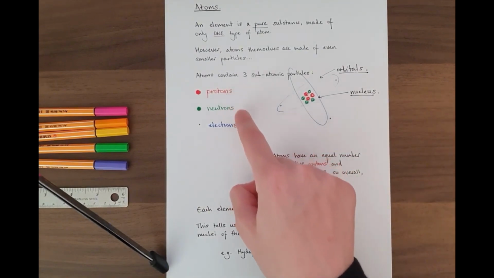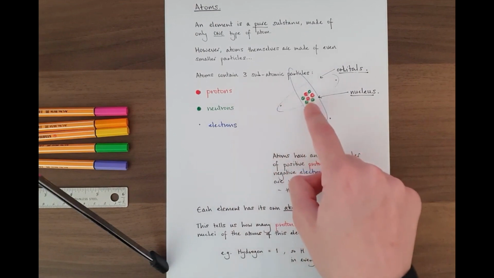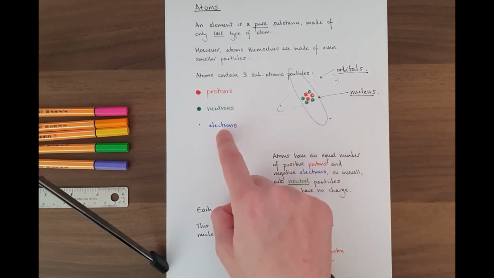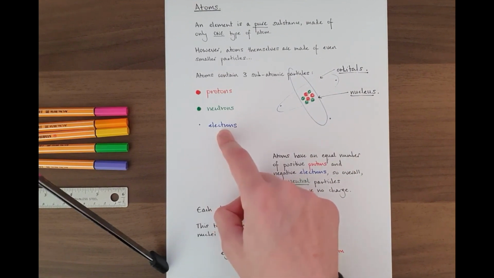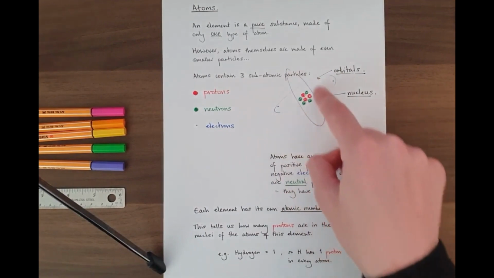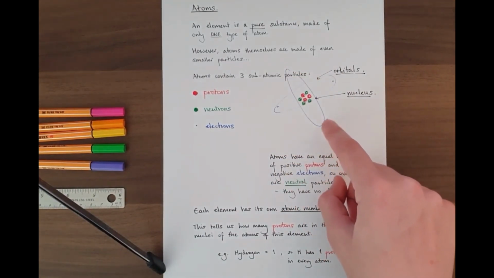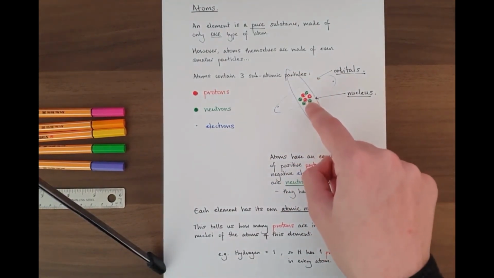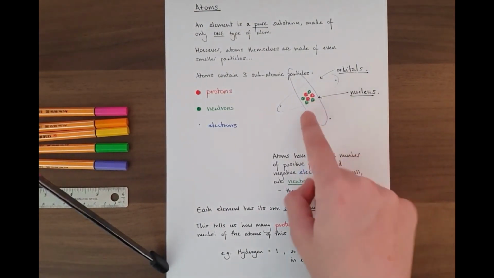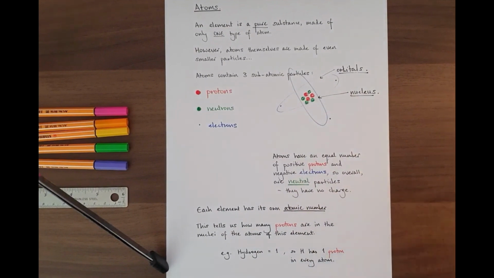Positive protons, neutral neutrons, they both live in the middle in the nucleus. And then the negative electrons, the third and final subatomic particle, orbit round about the outside of the nucleus. And we can tell what element an atom belongs to by looking at the atomic number, which is just the number of positive protons in the nucleus.